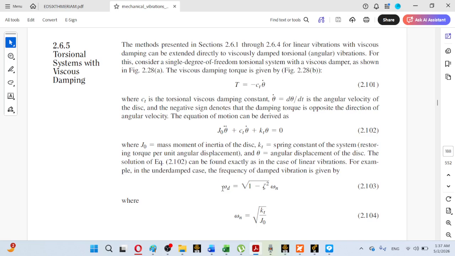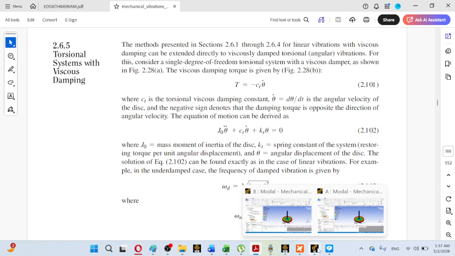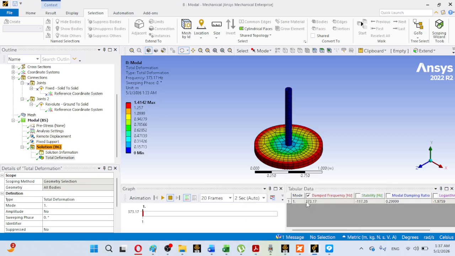And when we divided it by 2 pi to obtain the damped linear frequency, the result that I got was 375.9, and the ANSYS model gave 373.17. So the theoretical result that I calculated very closely matched the ANSYS model results.